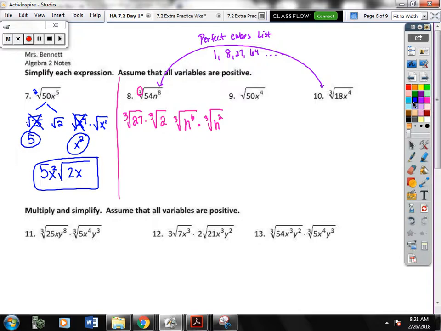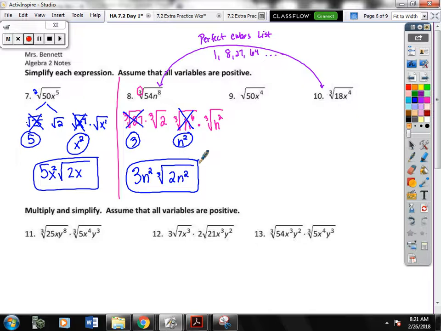And then we'll take the cube root of anything we can. So the cube root of 27 is 3, positive 3. The cube root of n to the 6th, remember we divide those, and we will get n squared. And then the other two things can't be simplified. They go back together under one root. So we'll have 3n squared times the cube root of 2n squared.